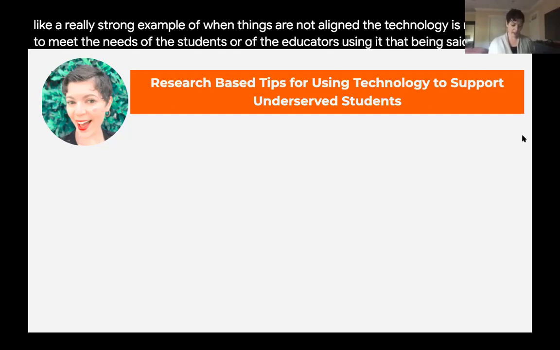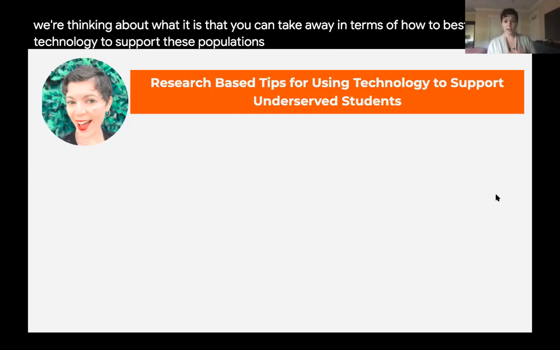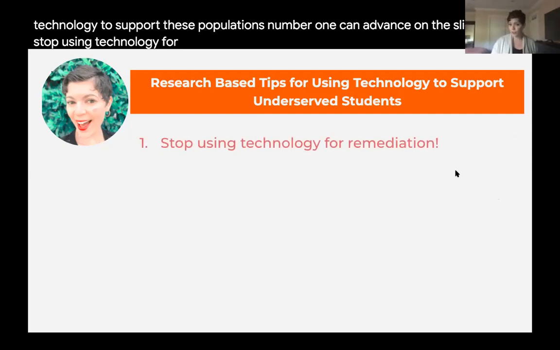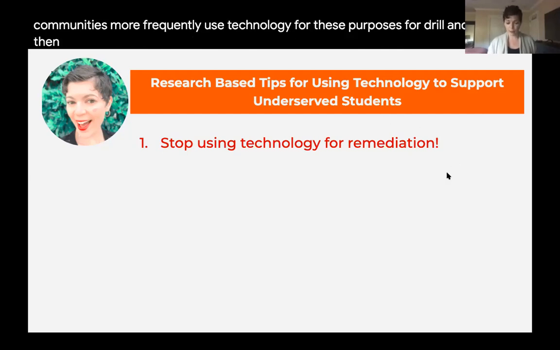That being said, when we're thinking about what you can take away in terms of how to best use technology to support these populations, number one, you can advance on the slide, is to stop using technology for remediation. It is shown in the research that students in underserved communities more frequently use technology for these purposes, for drill and practice, than their more privileged peers.